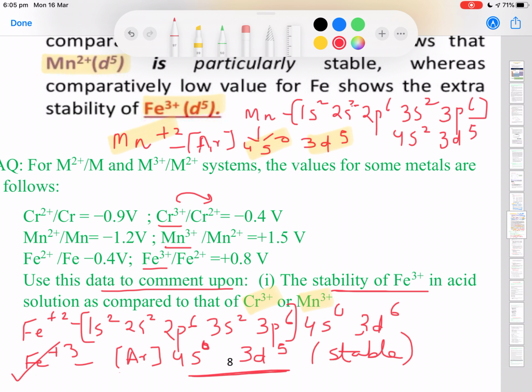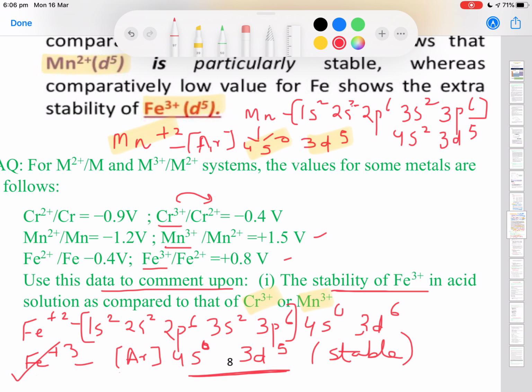That means it doesn't like to undergo reduction. Since the reduction potential was negative, and for manganese 3 plus it is positive, for iron 3 plus also it is positive, these two would somewhat like to get reduced, but chromium hates it. Chromium doesn't want to get reduced because its reduction potential is negative.